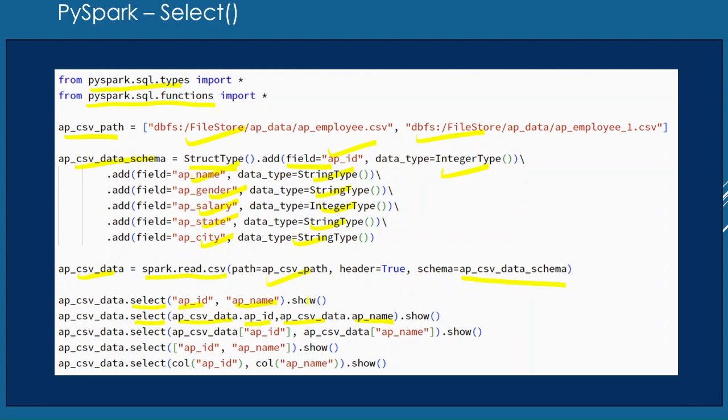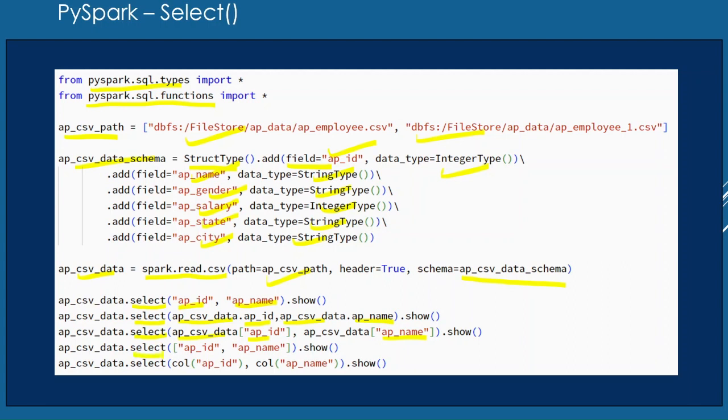In the same way, we can select multiple columns. The third way is to use the select function with the data frame name in square brackets, and in the inverted commas put all the column names which you want to select.